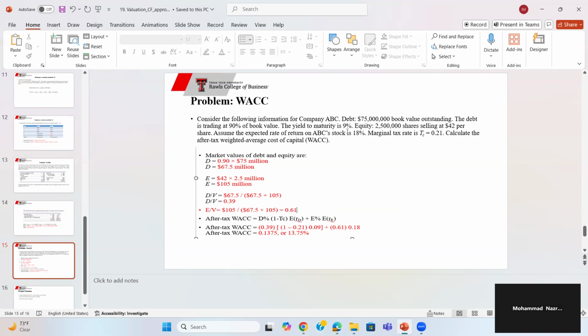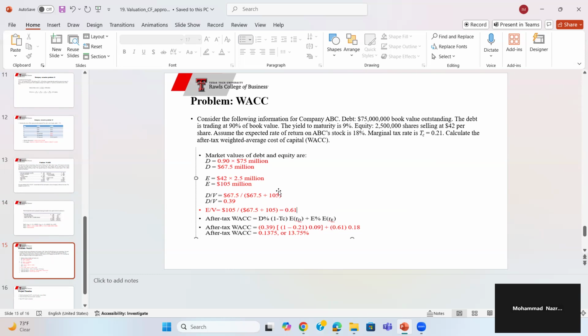The yield to maturity is 9%; we'll use it later. For the equity portion, 2.5 million shares are selling at 42 per share. So the market value is 42 per share multiplied by the number of shares, and we get 105 million of equity.